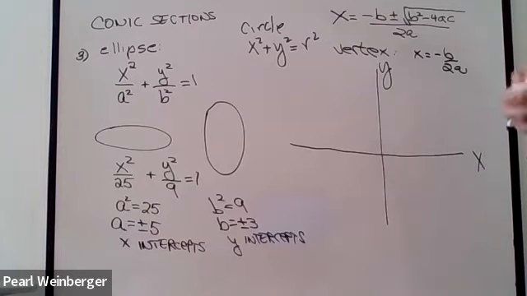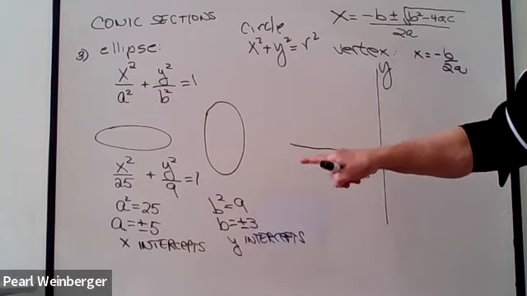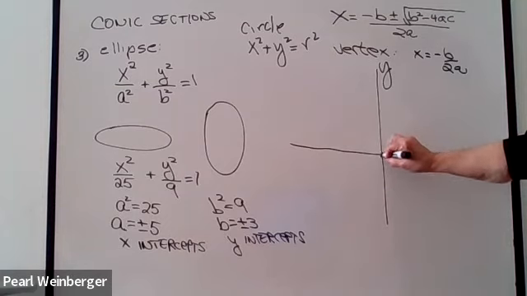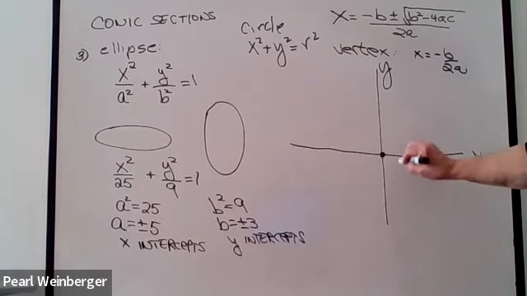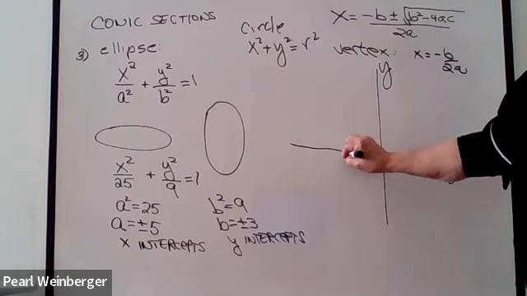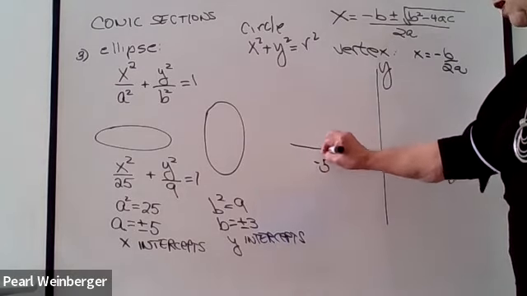Coming back to our equation, we said that the two x-intercepts would be plus or minus 5. That means on my piece of graph paper, I'll go 5 to the right to get to positive 5, and 5 to the left to get to negative 5.